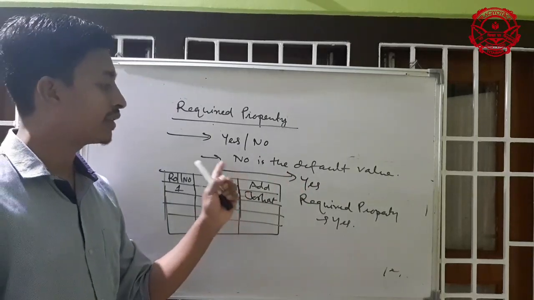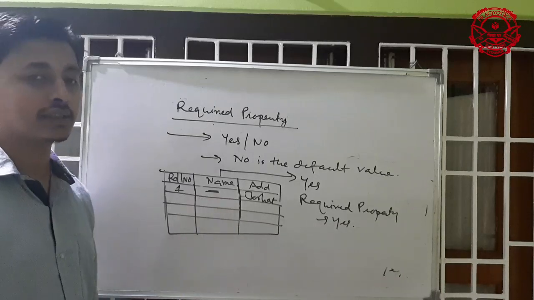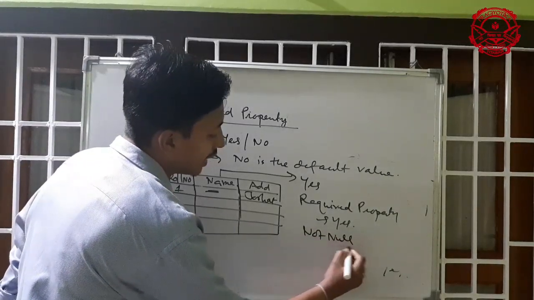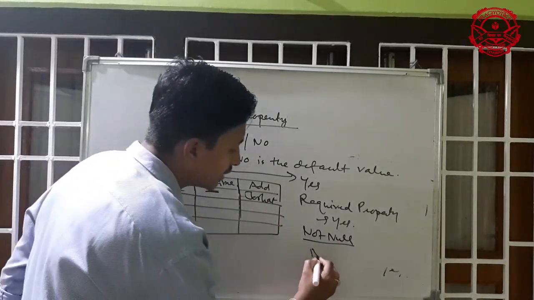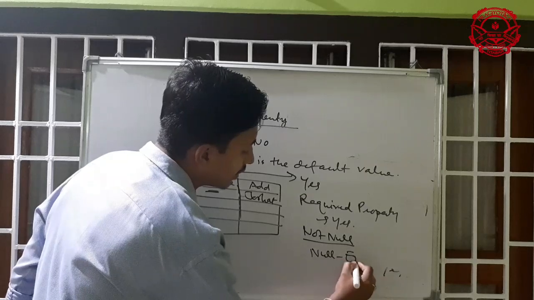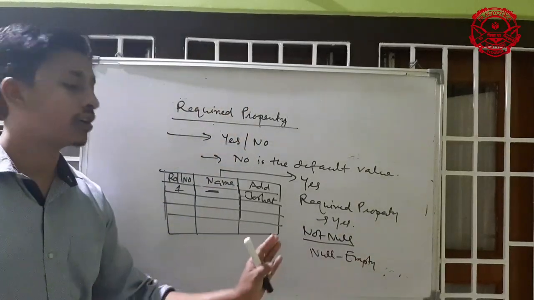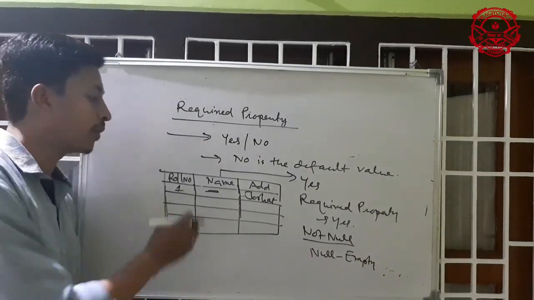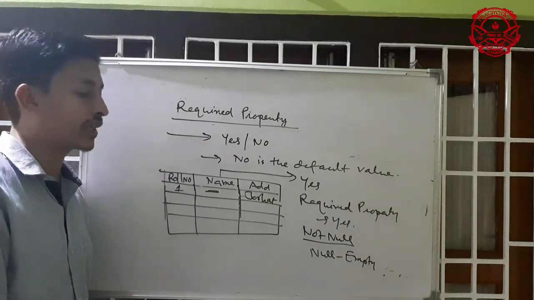When the value is yes, it means this field should not be left blank. It means not null. Null means empty. Not null means it should not be empty. It should have some value in this field. So that's why the required property is so important.